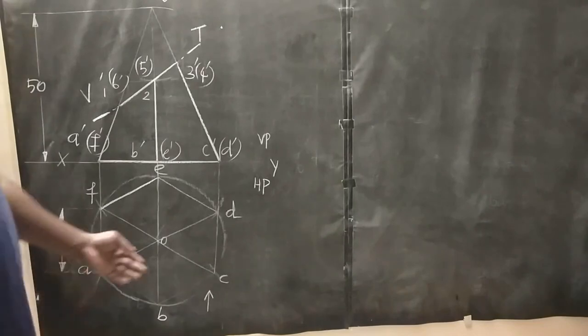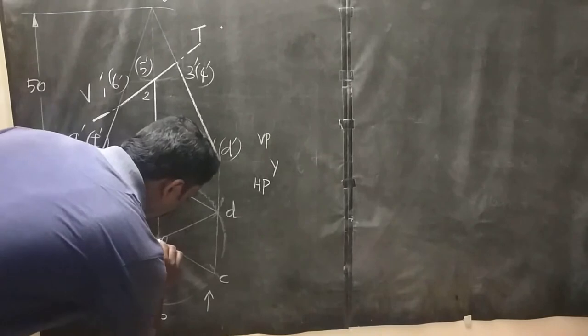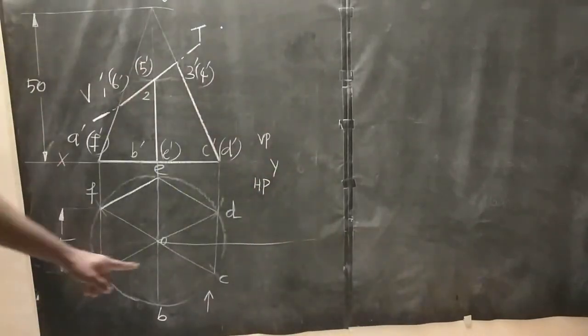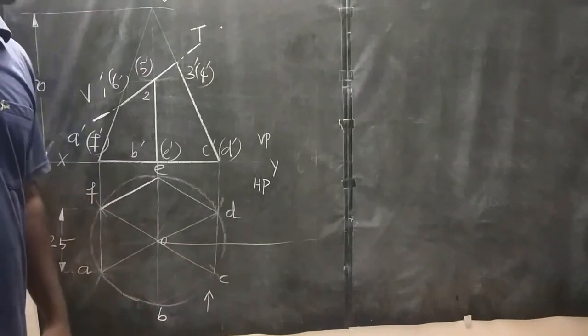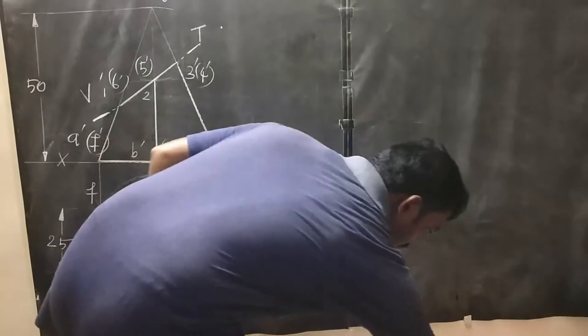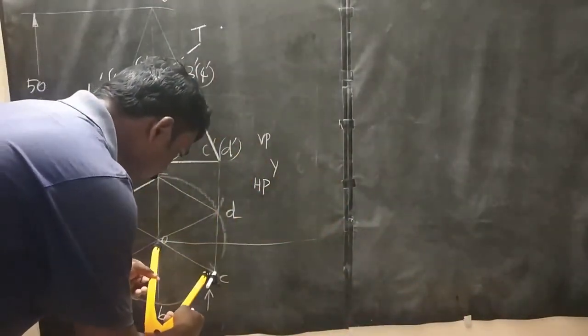Okay, any one of these slant edges parallel to VP. See here, from point O draw a horizontal line. Then OC, OC radius.